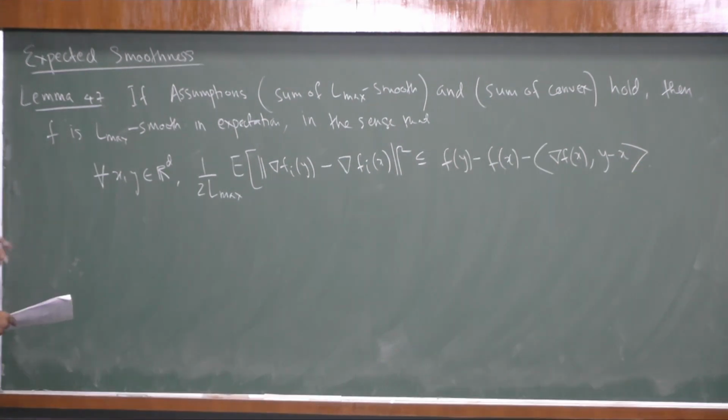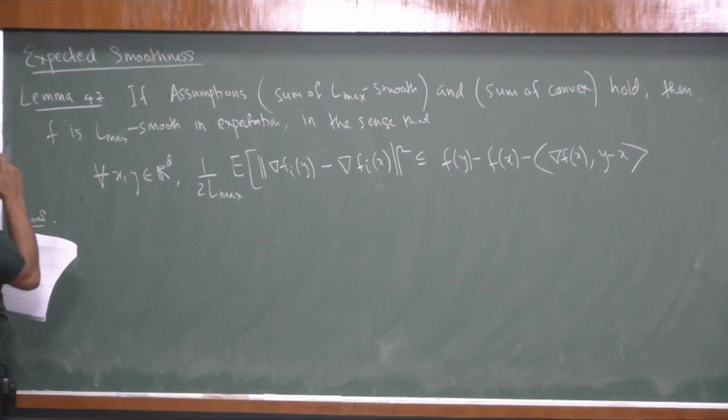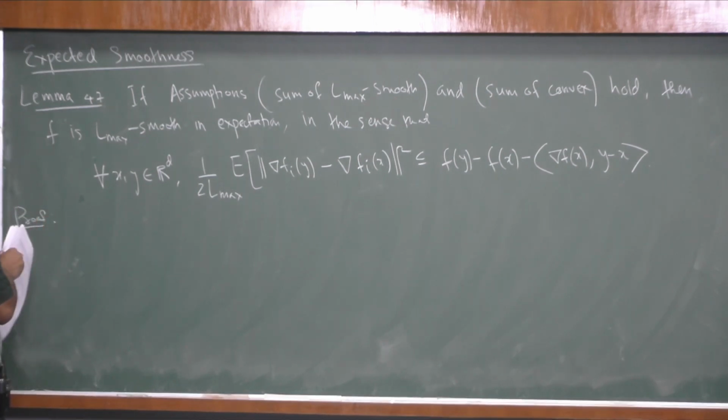This is both the definition of L max smooth and also a result that one has to prove. So if we prove this, then we will use Lemma 2.29.